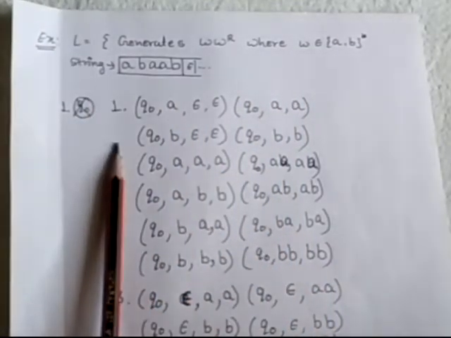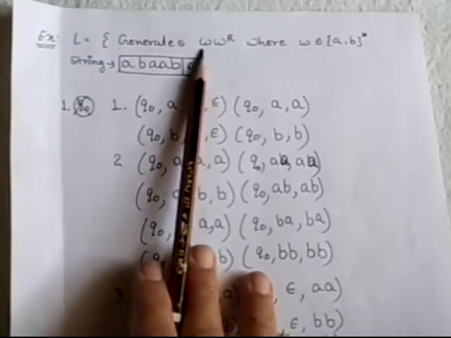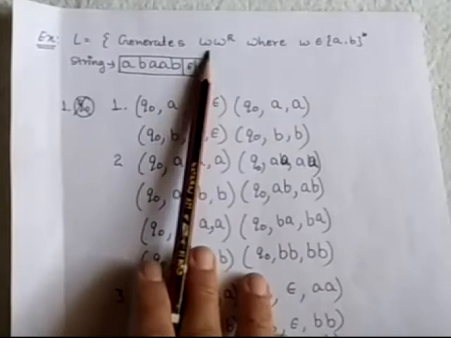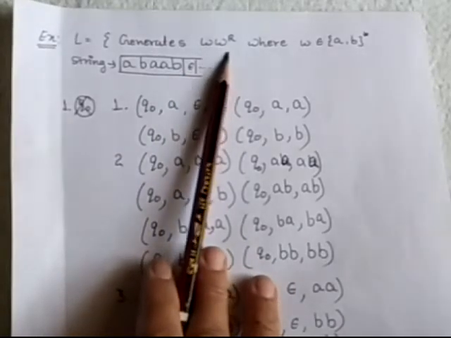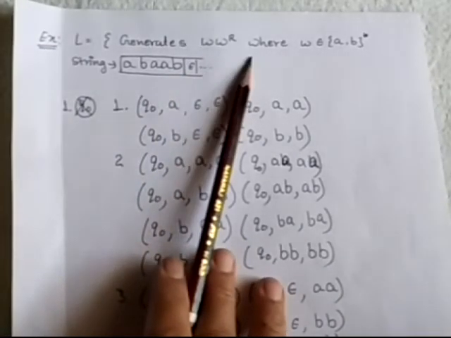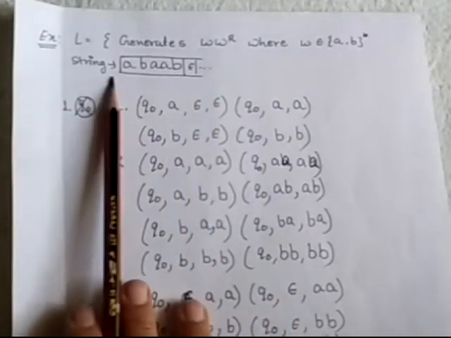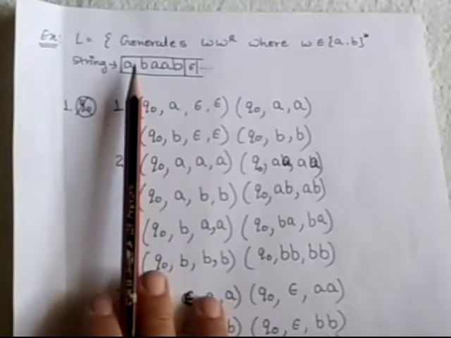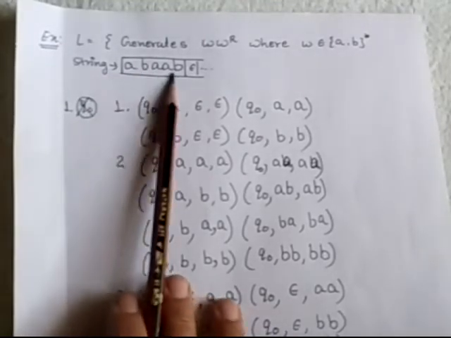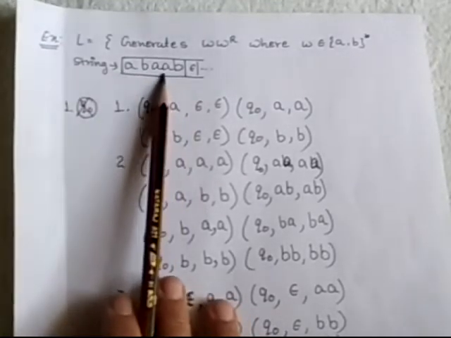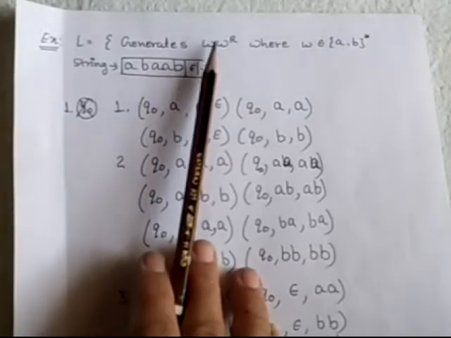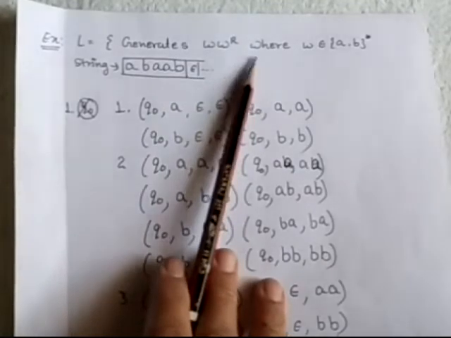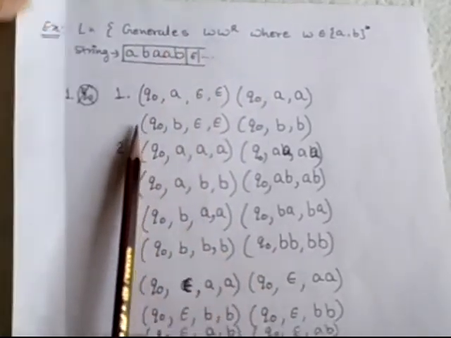The two-stack PDA generates the string WWR, and the output will be stored in stack 2. On the input tape this string W is given and it will generate the output WWR, stored in stack 2. So this is the phenomenon.